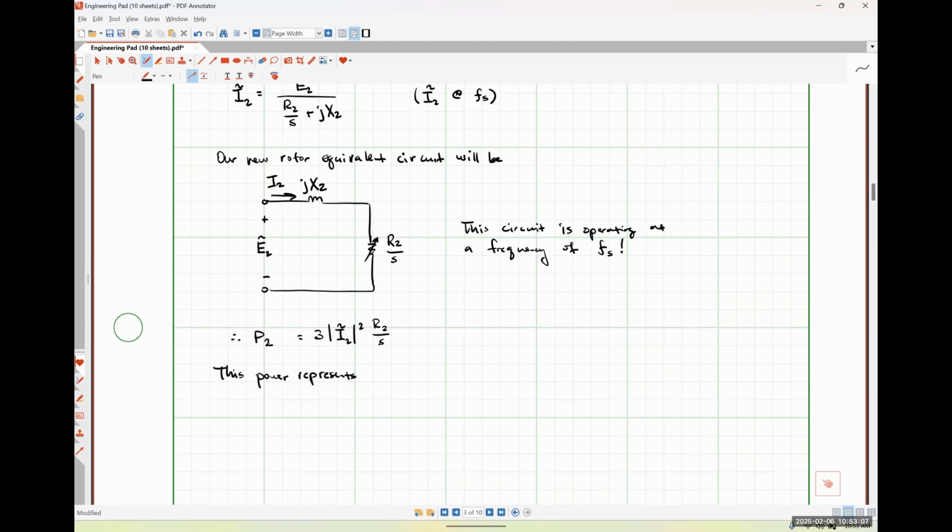I apologize for that mistake. So this power represents the total power, P mechanical plus PCU, that crosses the air gap in the electromechanical energy conversion process.